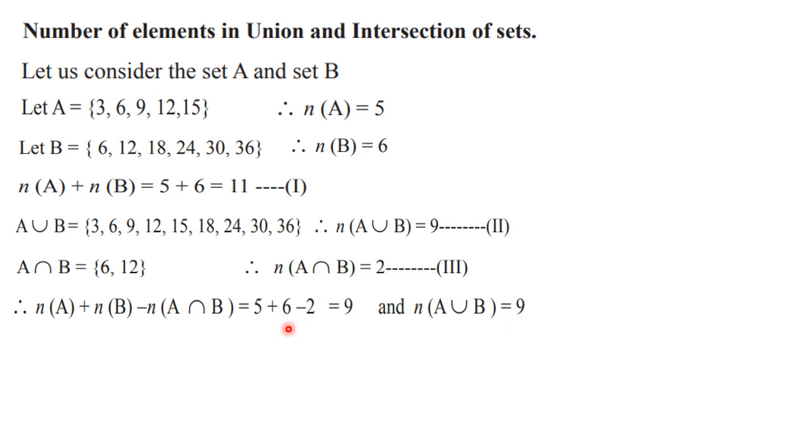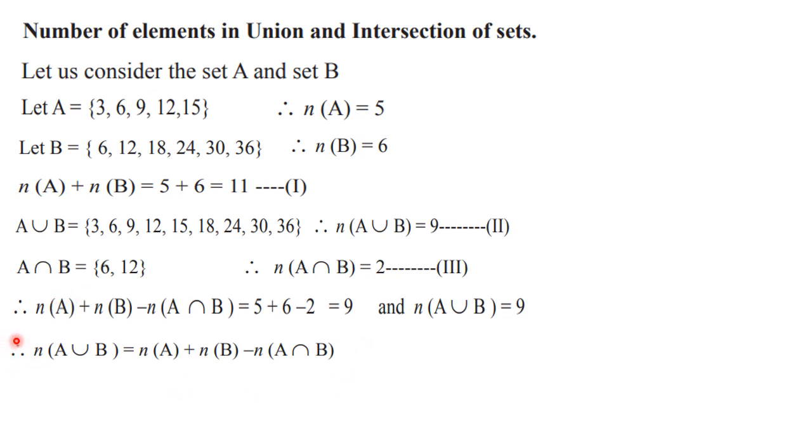From this we can write down this important formula: n of A union B is equal to n of A plus n of B minus n of A intersection B. All of you please write down this formula in your notebook.